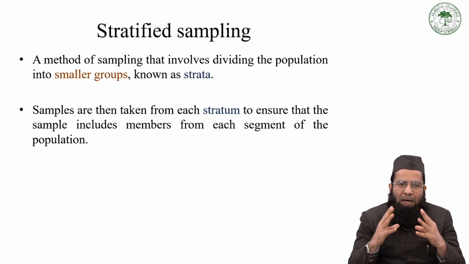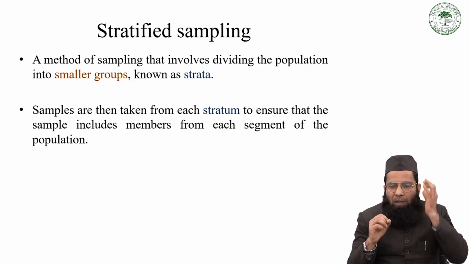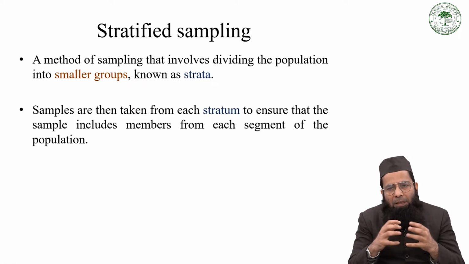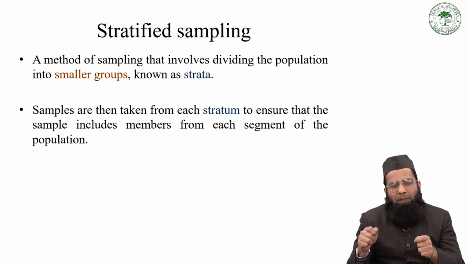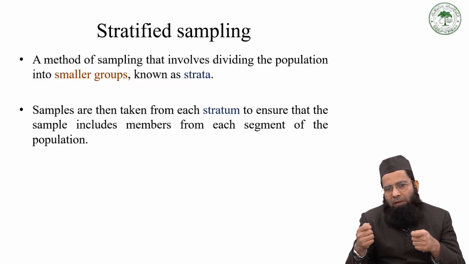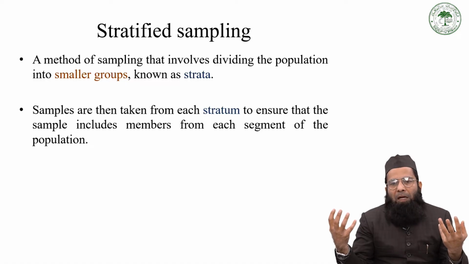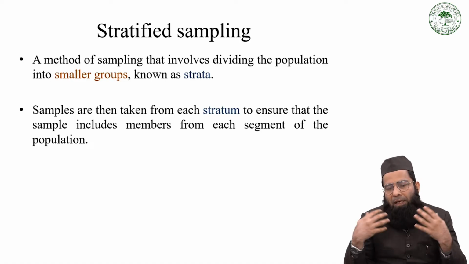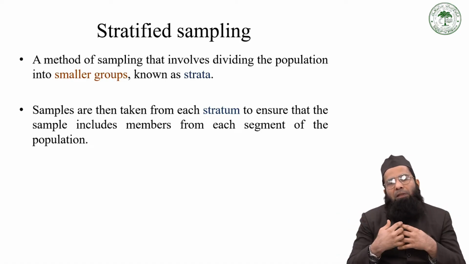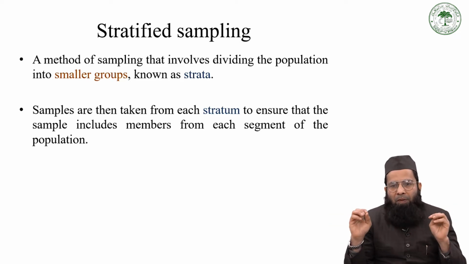As far as stratified sampling is concerned, this method of sampling involves dividing the population into smaller groups known as strata that share a similar attribute relevant to the research. Whatever our research is, let's say we are collecting adult women for finding the average height, or collecting data science professionals to find their average salary, all should share the common attribute.